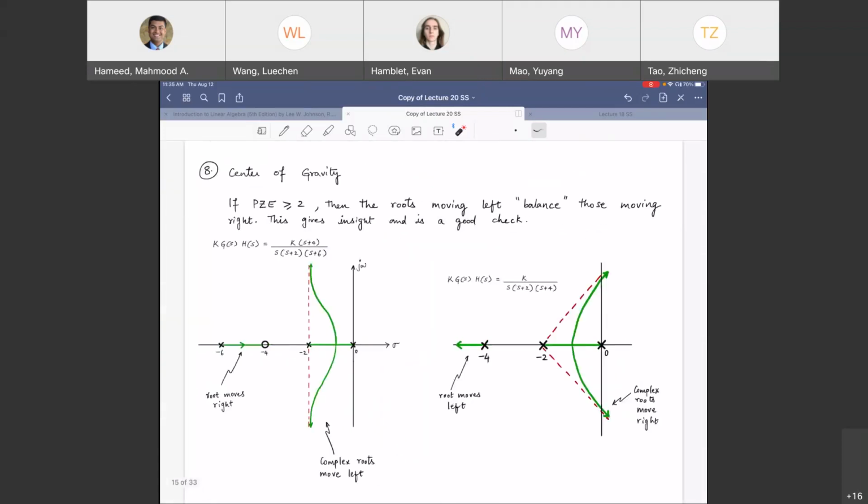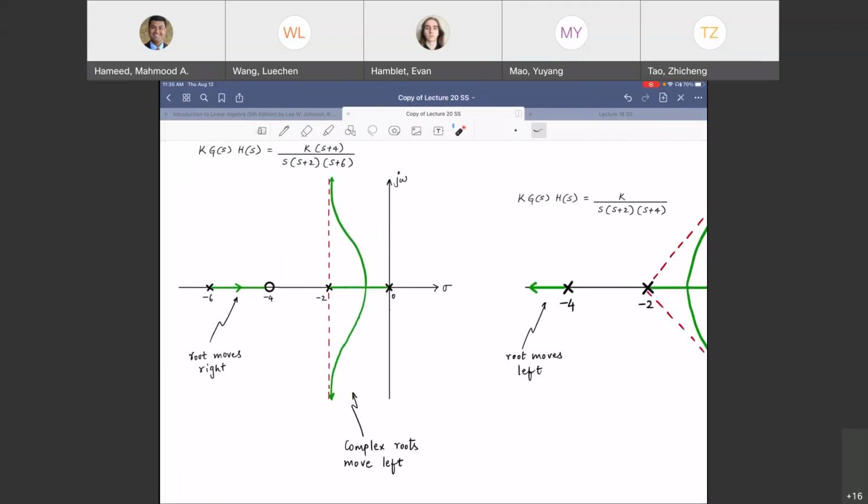All right. Next, center of gravity. This is a very intuitive concept, right? There is always a trade-off with things in life in general. When you try to make something more stable, some other thing will become unstable, which is illustrated by poles moving in 2 different directions as you increase k.